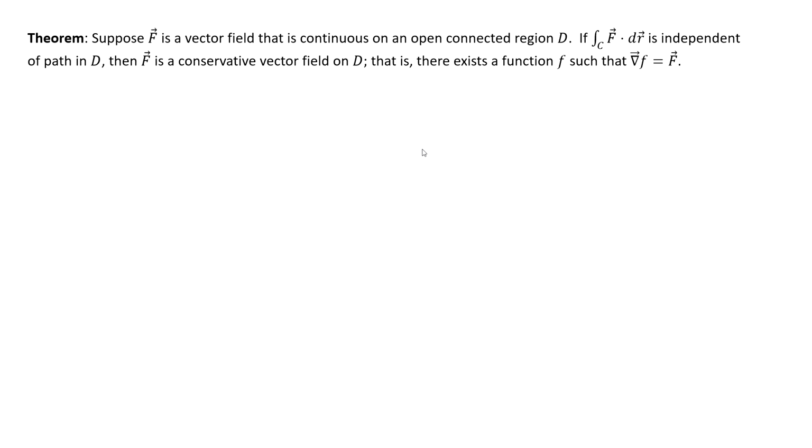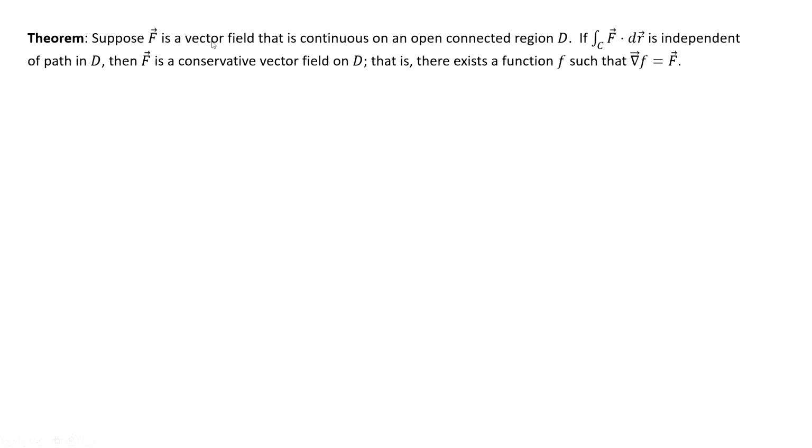People in advanced calculus will talk about connected regions for a whole week. But in our case, if we just understand what a connected region is, that's okay. If the integral of F dot dr is independent of path in D, then F is a conservative vector field on D.